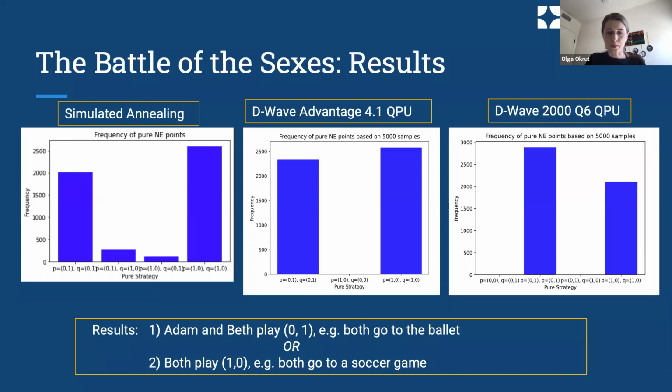They exactly correspond to 2 Nash equilibrium points, that is 0, 1 or 1, 0. Those points mean that both of the players either go to a soccer game or go to a ballet. You can also see some minor peaks in the simulated annealing, but those mainly represent the fact that the algorithm may sometimes get stuck at a local minimum during the execution.